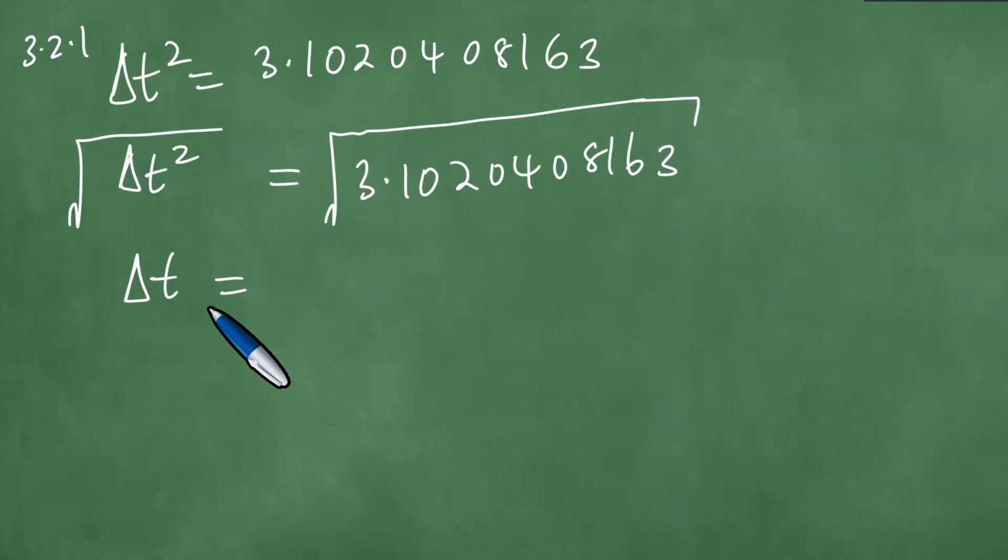So it is the square root of 3.1020408163. It's 1.76126. Okay, well done, that's the correct answer.